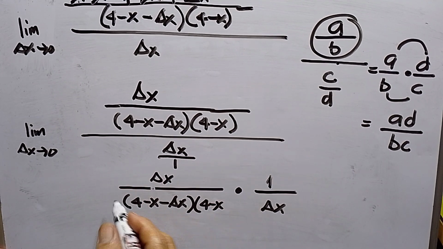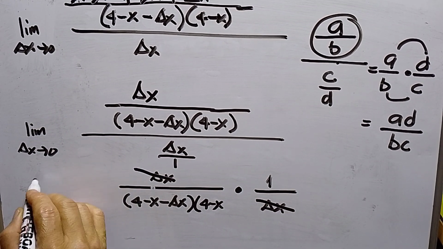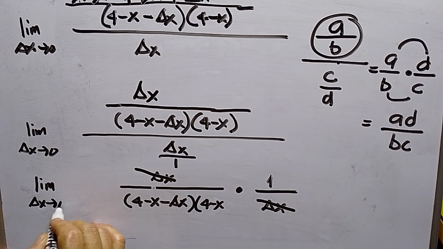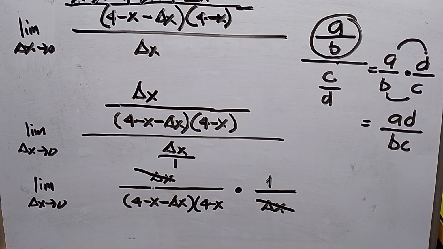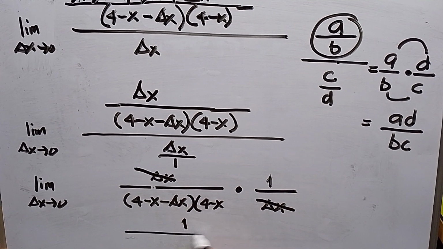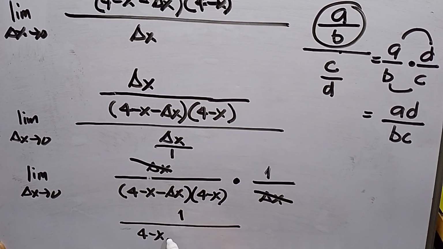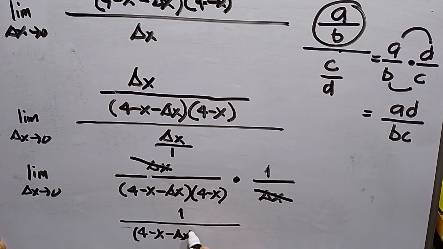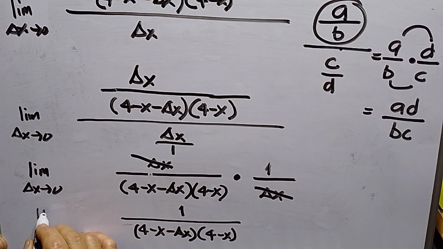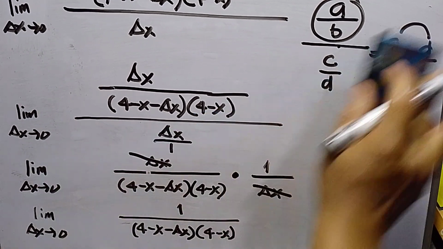Cross out delta x because they are the same in numerator and denominator. Then the result is 1 over 4 minus x minus delta x times 4 minus x, with the limit as delta x approaches 0.